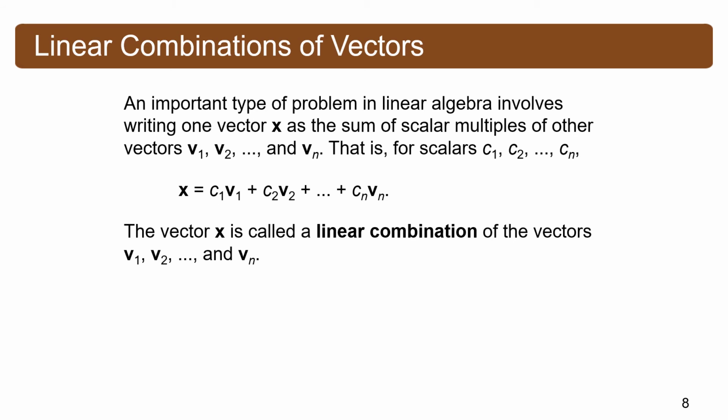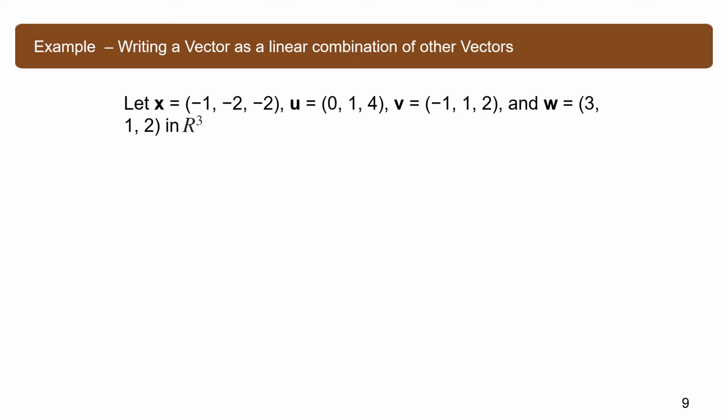In R3, let us take three vectors, u bar as 0, 1, 4, v bar as negative 1, 1, 2, and w bar equal to 3, 1, 2, and let us try to express x bar, which is negative 1, negative 2, negative 2, as a linear combination of u bar, v bar, and w bar.